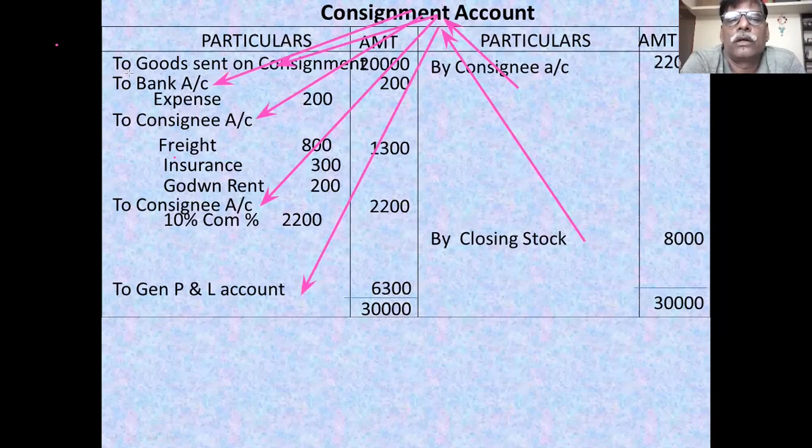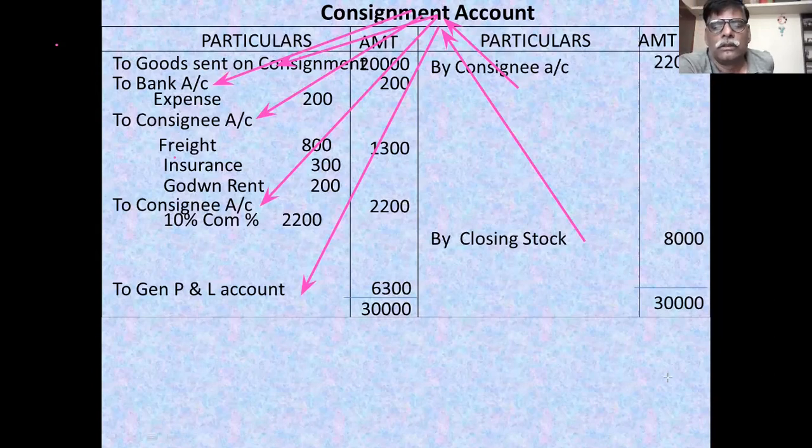For a debit side item, you write debit the heading, and for a credit side item, credit the heading. This is the point you remember. Okay.